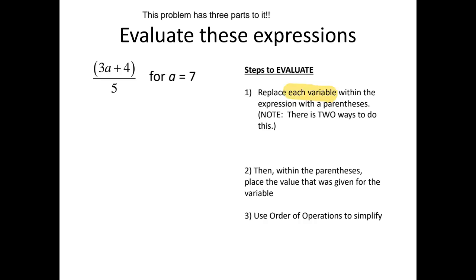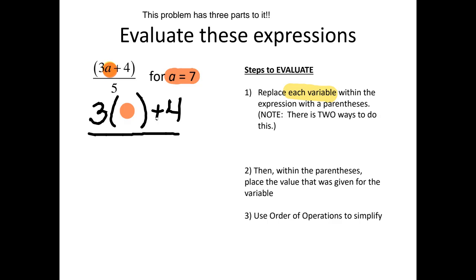And because they put 3a plus 4 in parentheses, technically we can take them off of the parentheses. We could write 3 here plus 4. Our A is 7, which means right inside there, I'm going to write a 7.